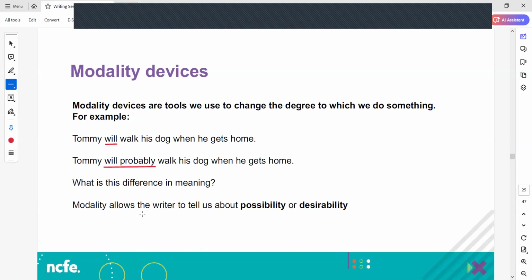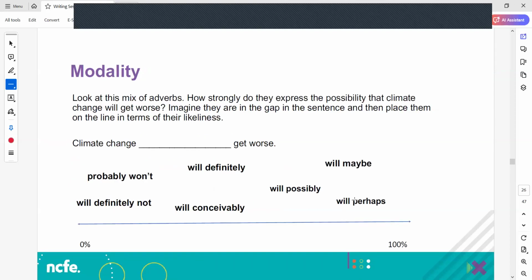So modality allows the writer to tell us about possibility. What's the possibility of Tommy walking his dog? Or desirability, how much he might want to. Tommy wants to walk his dog when he gets home, so he definitely wants to do it. Or Tommy might want to walk his dog, so that would be desirable. But they're both modality devices to change the degree.